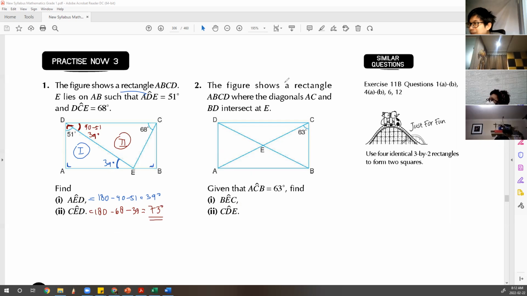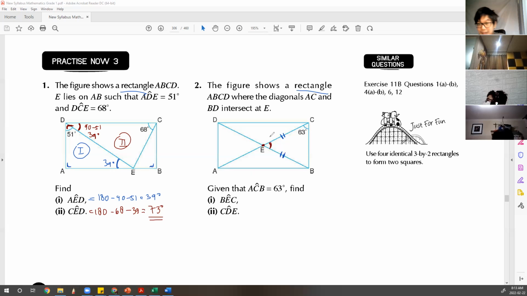Okay. Now the figure shows a rectangle where AC and BD diagonals intersect at E. Okay. Given that ACB equals 63, we only have one clue, but again, no problem. Look at this. BEC, how do you calculate this? First thing, you know that the features of rectangle has two diagonals here, and the diagonals are bisecting, so they have to be equal, right?